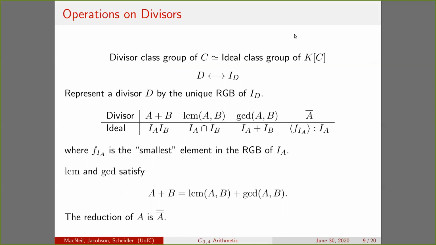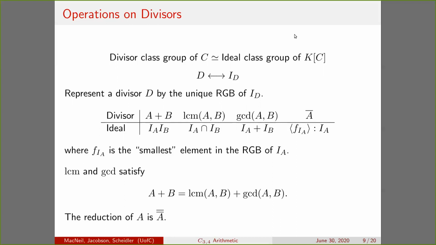It's an important fact that the divisor class group of a curve is isomorphic to the ideal class group of its coordinate ring. And what that means is that every divisor can be represented uniquely by a polynomial ideal. Different authors choose different representations for the ideals. We've chosen to follow in the footsteps of Arita and represent ideals by their unique reduced Gröbner basis.